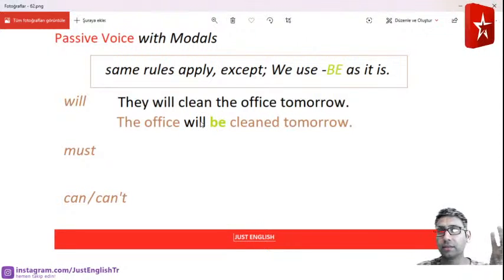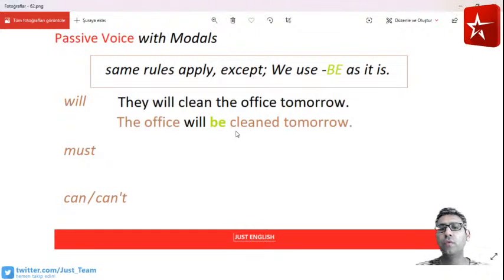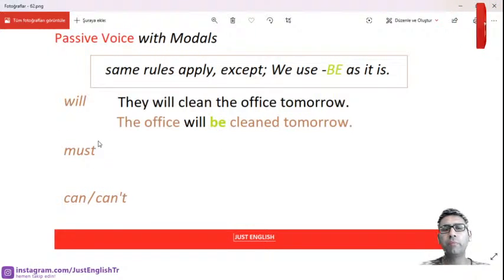We don't forget to use the modal. So it's basically modal, be, and of course verb 3, past participle. It's always past participle, okay? This is not verb 2, this is verb 3. And the same goes for must, same goes for all of them actually.